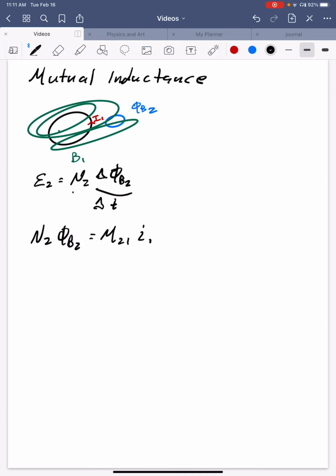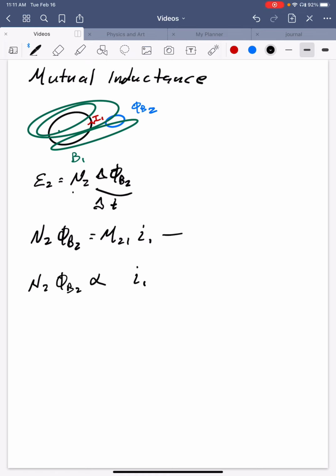The other thing that's maybe a little harder to see is this relationship. The flux going through loop 2, N2 times phi B2, has to be proportional to I1, the current going through the first loop. That's because the current going through the first loop tells me the magnetic field, and the magnetic field gives me the flux.